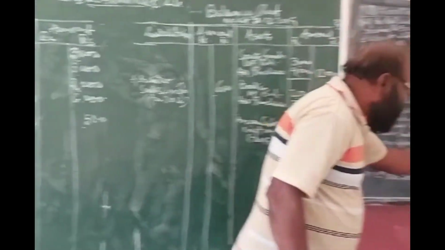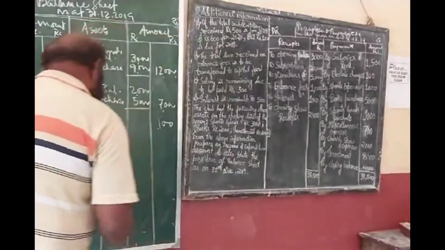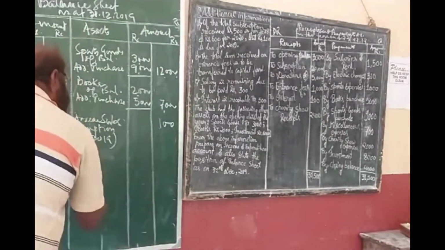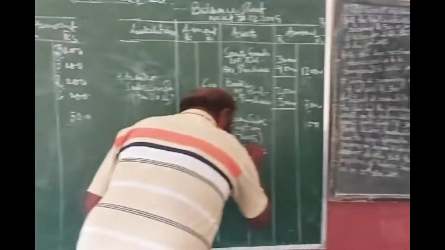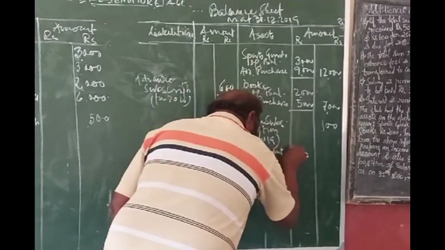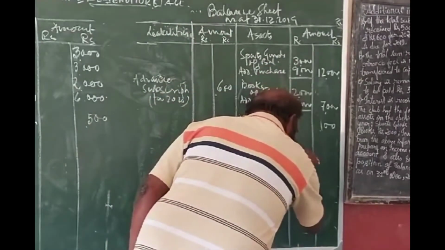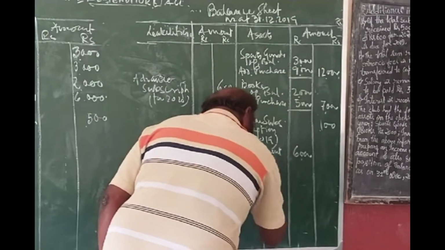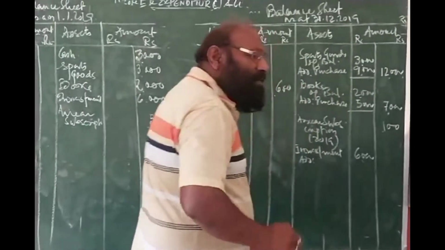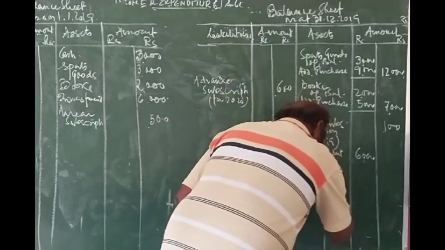Any other investment? Yes, you have made an investment of rupees 8,000. So investment 6,000 and additions. Nobody can say the investment cannot be purchased. Investment is made, add addition, that is additional investment.